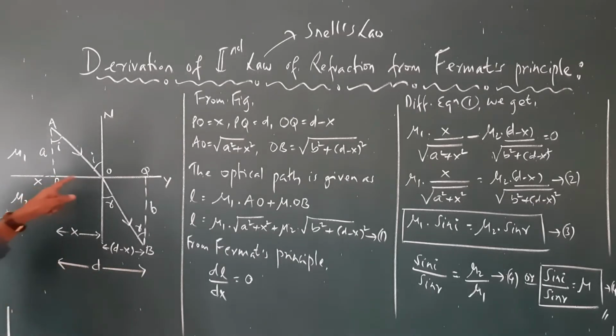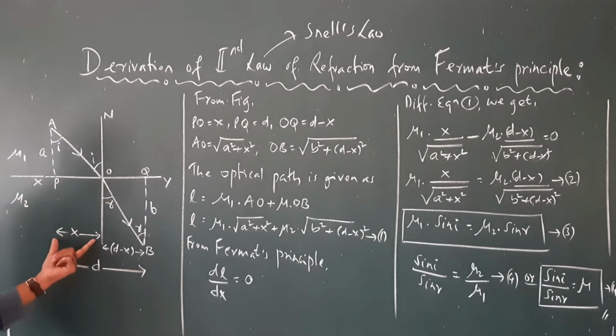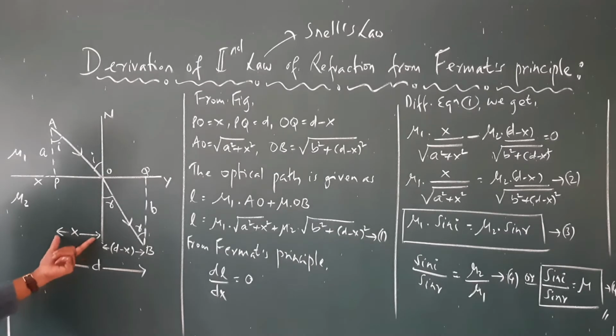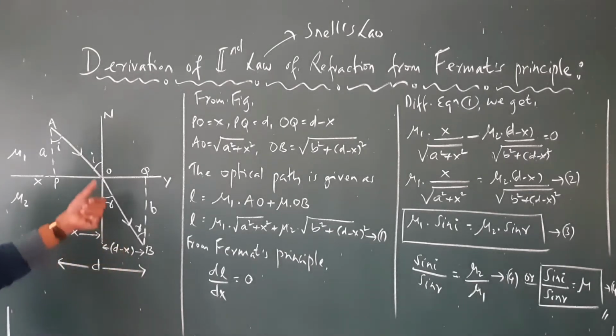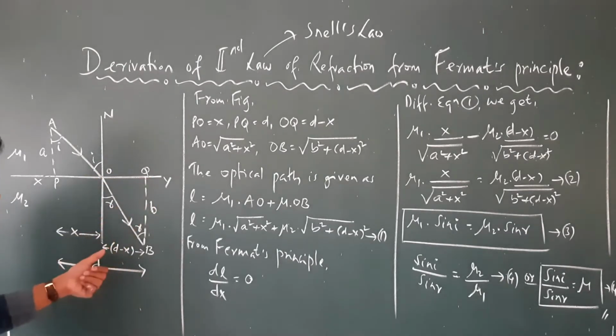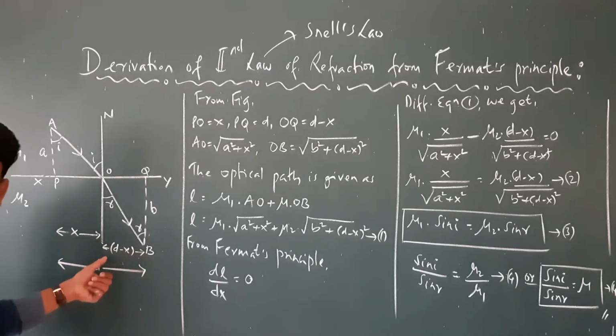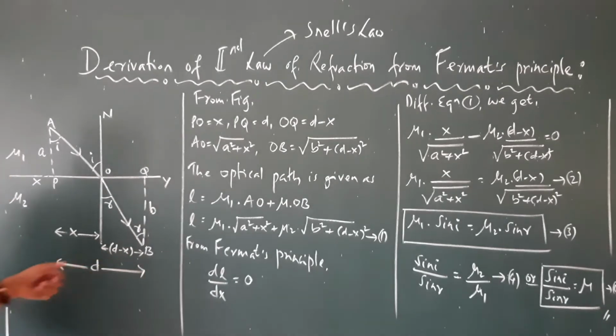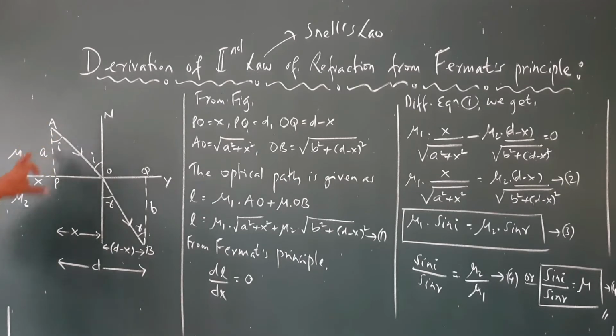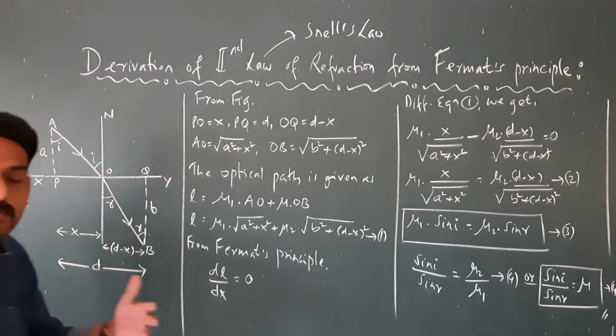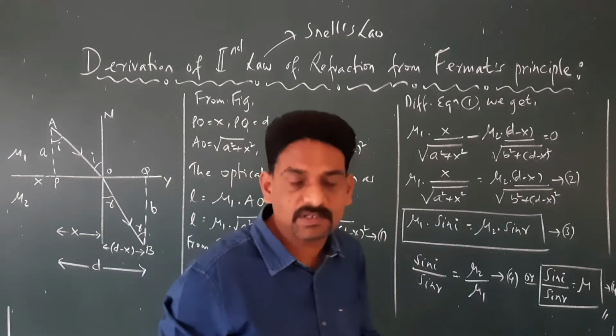The distance from P to O is taken as x. If this is x and this is d, then the distance OQ is going to be d minus x. With these basics, we are going to derive Snell's law.